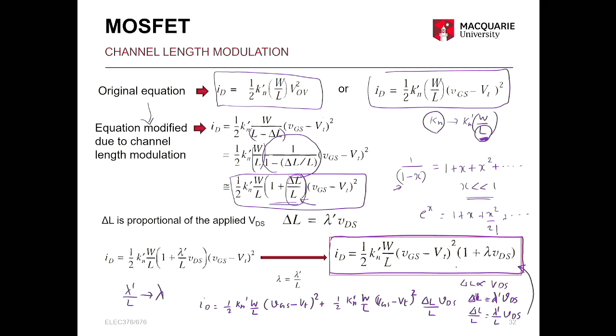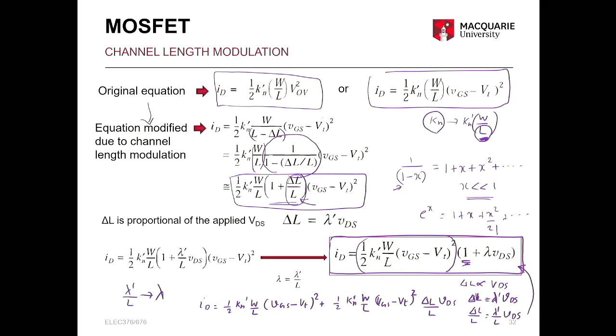Here you can see the same two terms are there. The first term is this factor here times 1, and the second term is this factor here times lambda VDS.